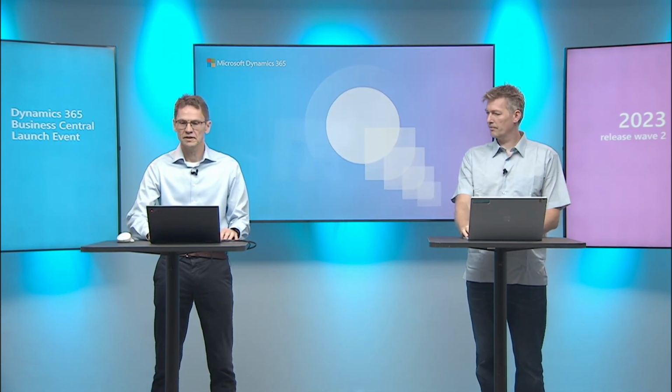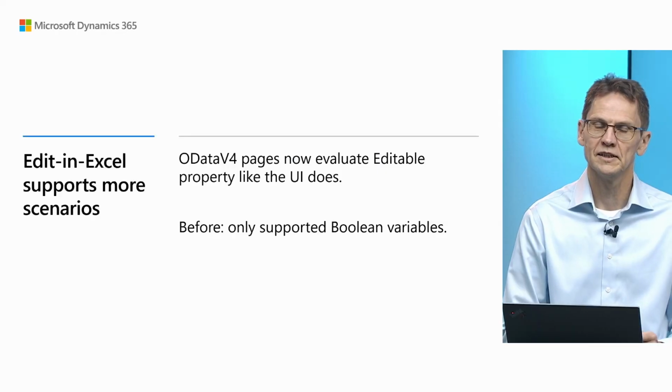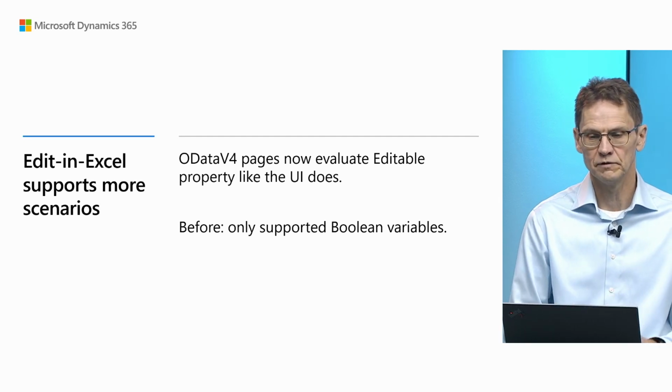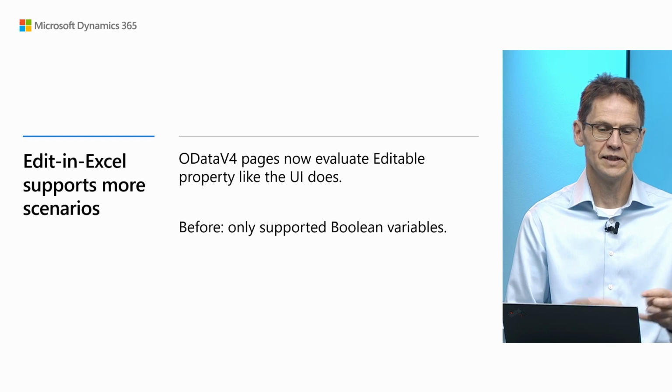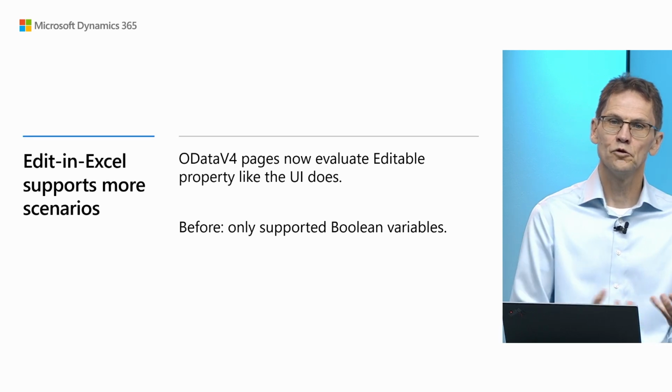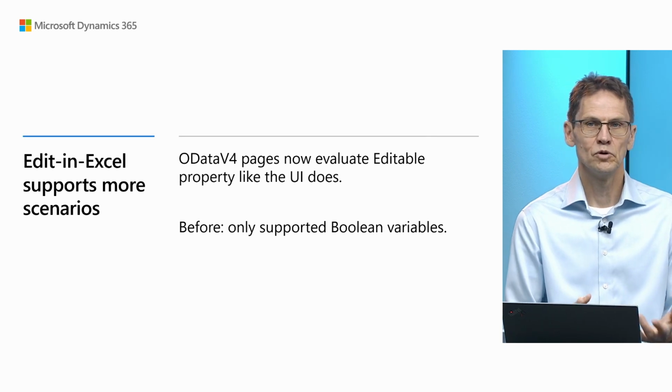Yes, and the first thing that we want to talk about is probably also one of the ones that you'll see the most, which is an improvement to our Edit in Excel story when you publish your data. Now OData v4 pages evaluate the editable property just like the UI does. Before, it only supported Boolean variables.